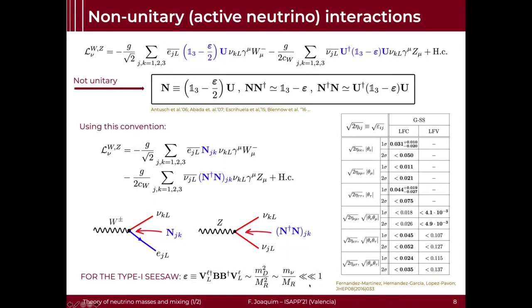So in the type 1 seesaw, this is really small. There is no natural way to probe these kinds of numbers in the vanilla type 1 seesaw. So basically, this means that with the scales that we have discussed for the type 1 seesaw, these non-unitarity effects are negligible.